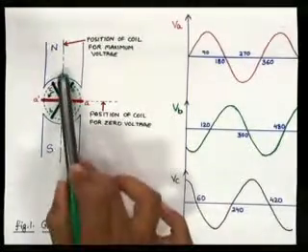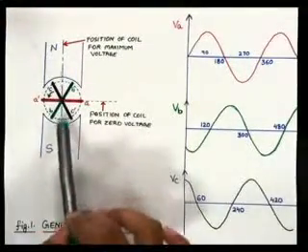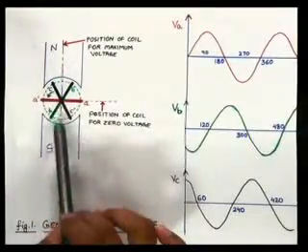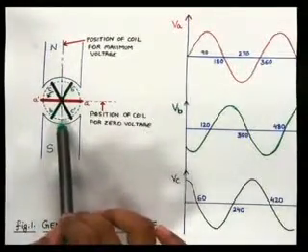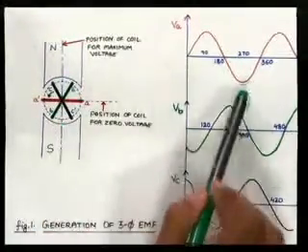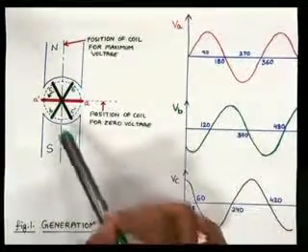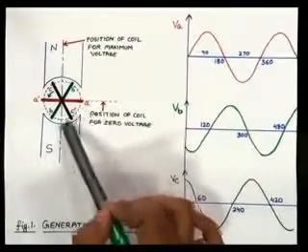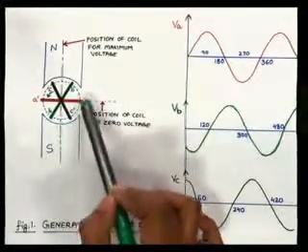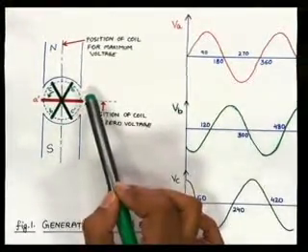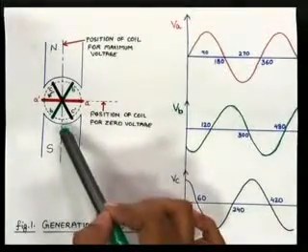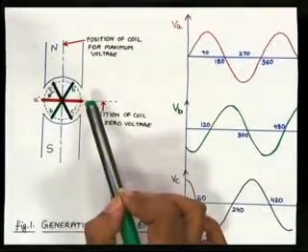Now your coil has further completed a rotation of 90 degrees. It has come here, the coil is in this position, A dash, right? From here again maximum EMF will be induced because the rate of change of flux linkages is maximum. Then with further rotation from 270 to 360 degrees, the starting position, the rate of change of flux linkages decreases.